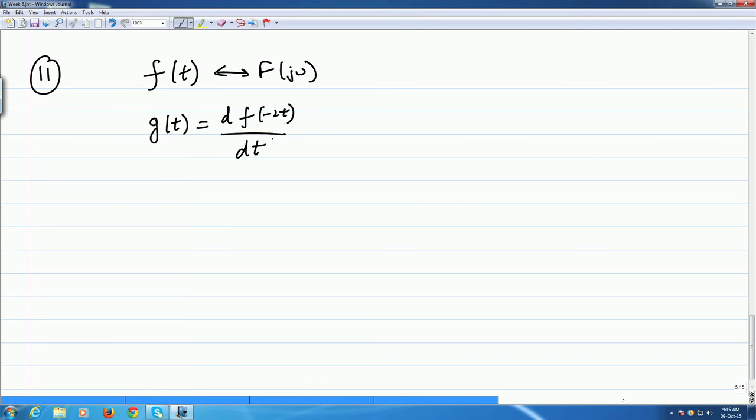Okay. So, first you can find the Fourier transform of f of minus 2t, that is going to be 1 by 2 F of minus j omega by 2, right. F of at, there is a property for f of at is 1 by mod a F of j omega by a. Okay, so, that is 1 by 2.